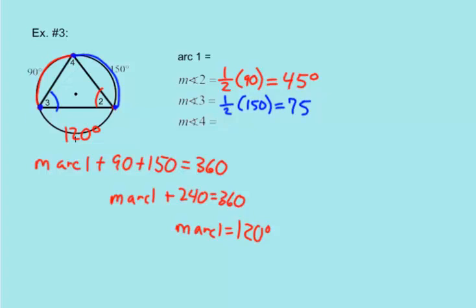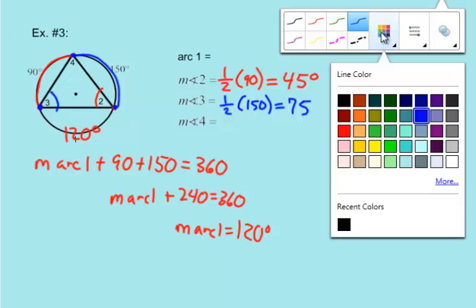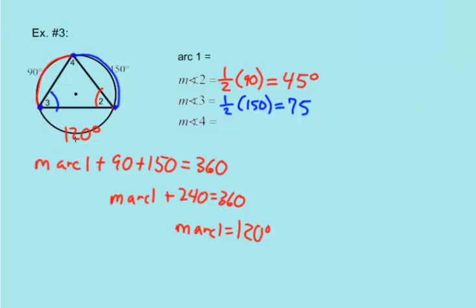And then our final one here on our list, purple here, is angle 4. Angle 4, follow it out. Here are the endpoints where it hits the circle. What's that arc? 120. So 1/2 of 120 is 60.